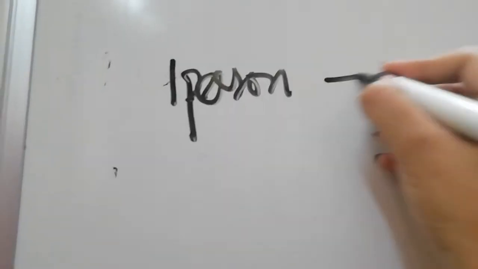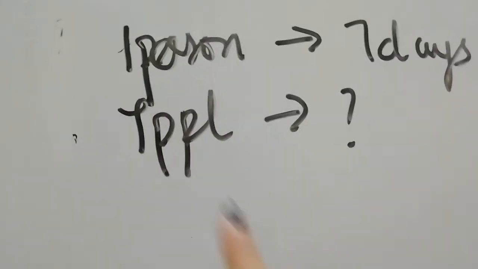How many days will 7 people take to pluck this apple? Now see, this is the basic logic sense that the more the people, the work can be completed in lesser days. So if I do cross multiplication, 7 times 7, it is 49 days.